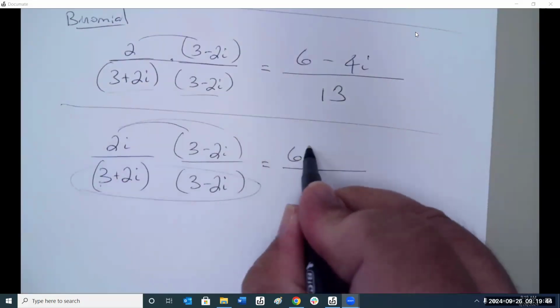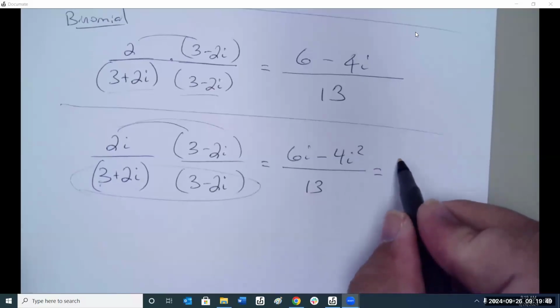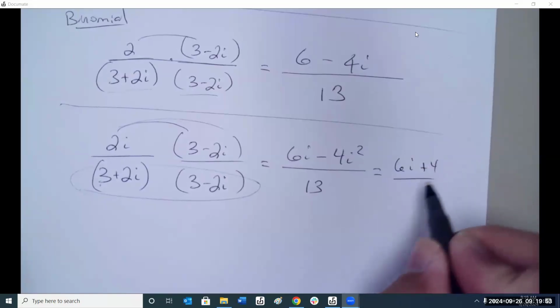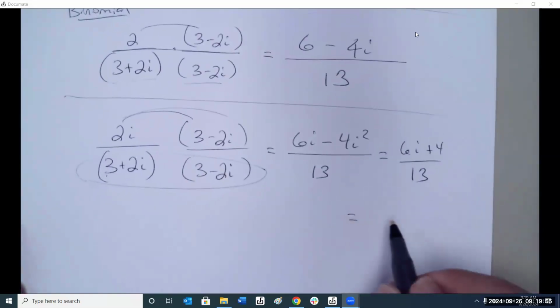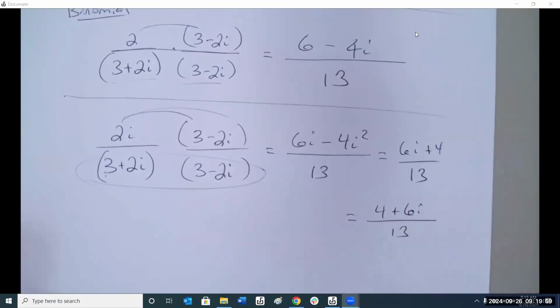So now we have 6i minus 4i squared, which makes it 6i plus 4 over 13. So the answer is 4 plus 6i over 13. And if we had binomial over binomial, just multiply them out. That's it for that section. That's it for section 1.